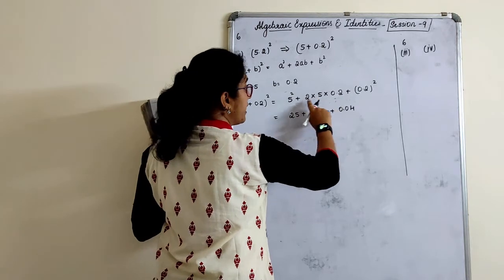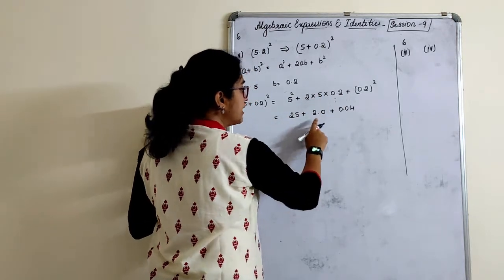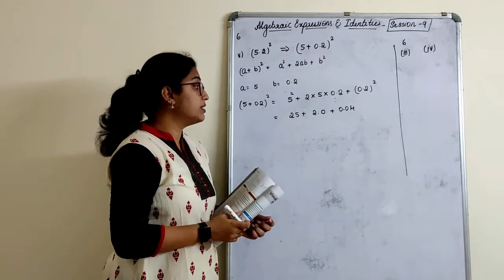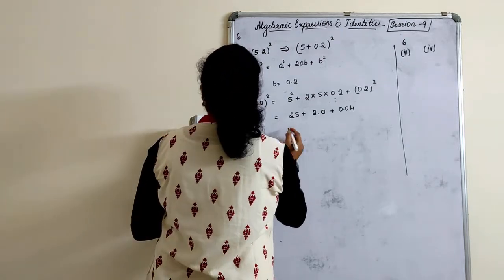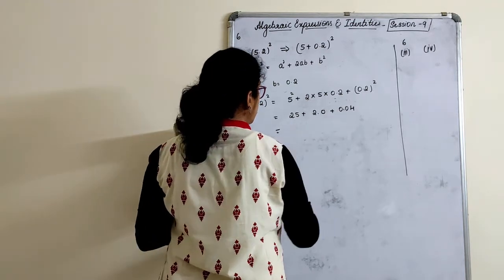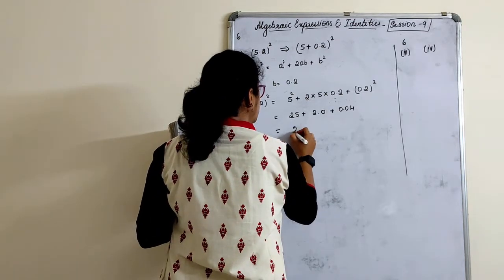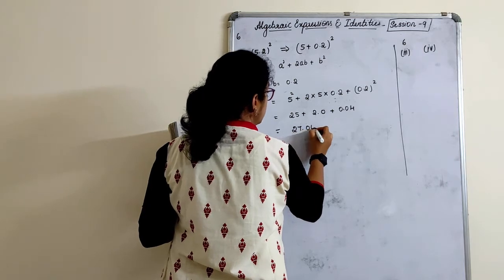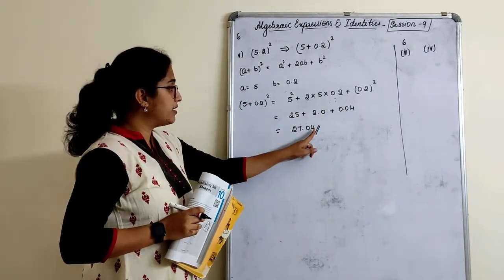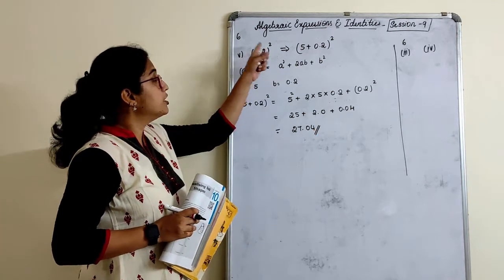So understood how we calculate. See, when a decimal is there, multiply the numbers first, afterwards put the decimal. So the answer will be 25 plus 2 plus 0.04, which gives you 27.04. One thing you can always check: your final answer should end with 4 because 2 2s is 4.